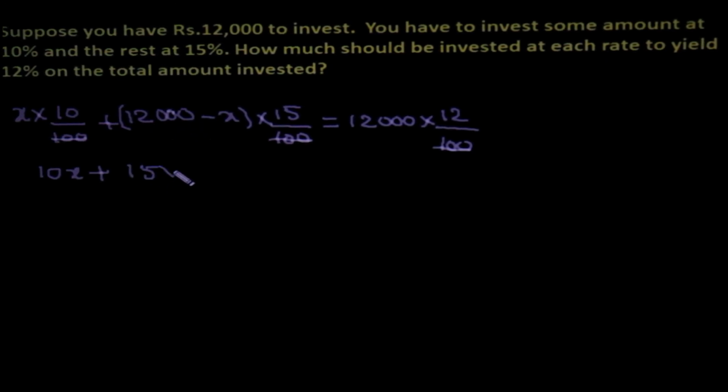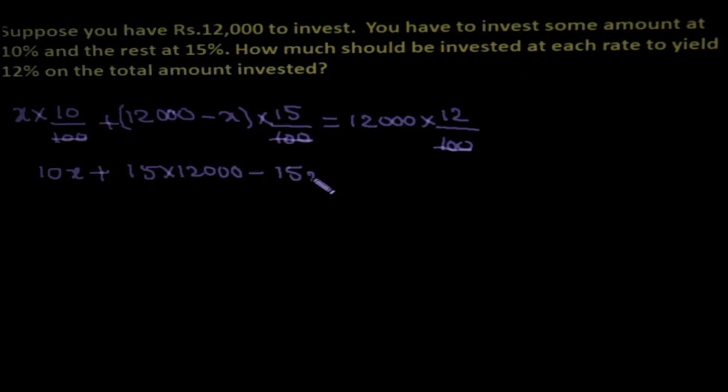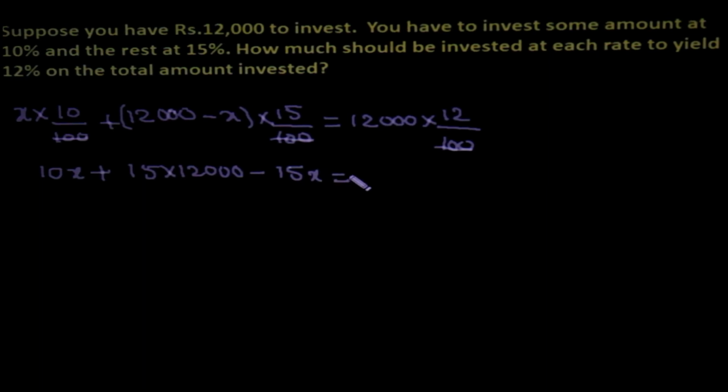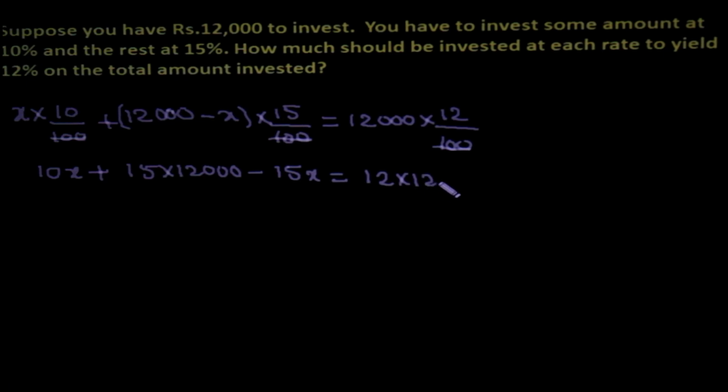Leave 15 into 12,000 as it is. I will give you the simplification, no need to multiply it. x into 15, 15x is equal to 12 into 12,000.